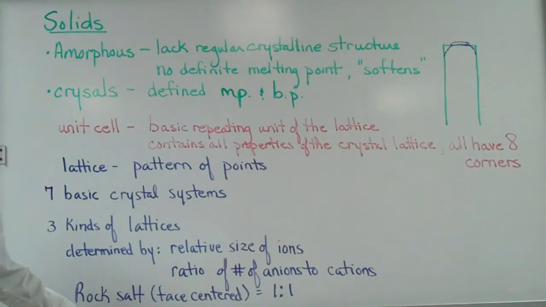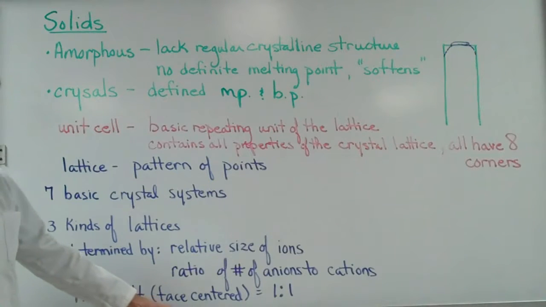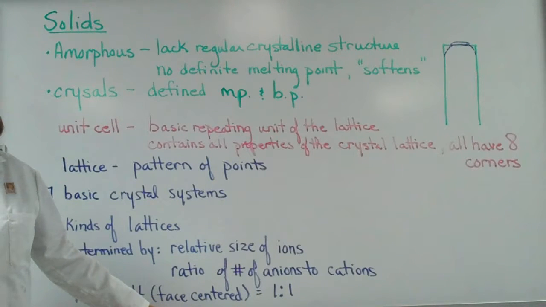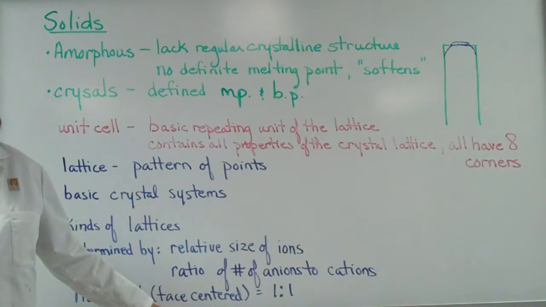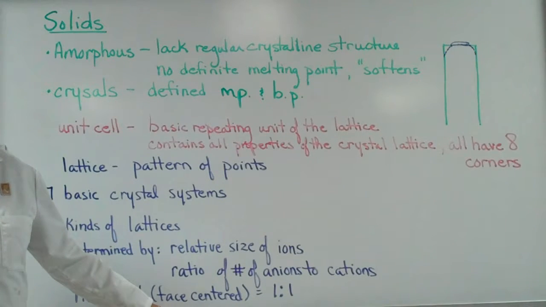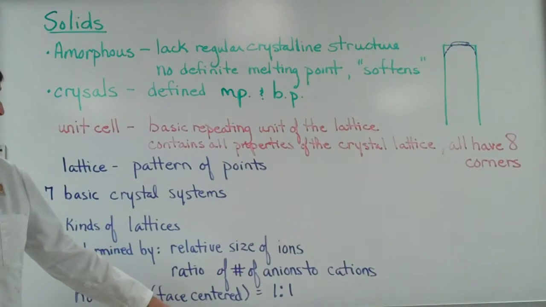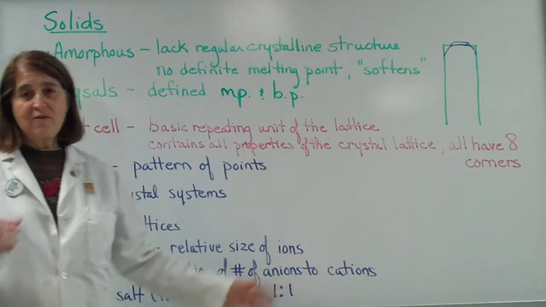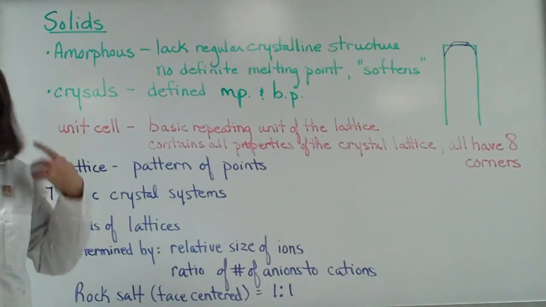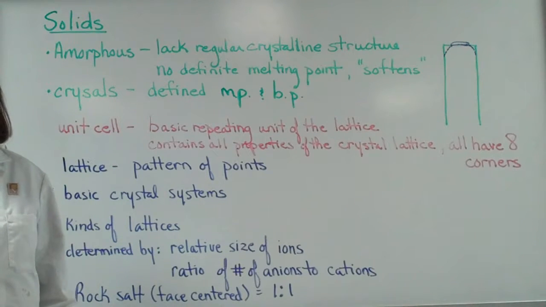If you're looking at rock salt as your example, this is going to have a face-centered cubic structure. And you need to know that. NaCl is face-centered cubic. You should know bond angles, you should know lengths of the sides at this point. The ratio of Na to Cl is going to be 1 to 1, 1 sodium to 1 chloride.